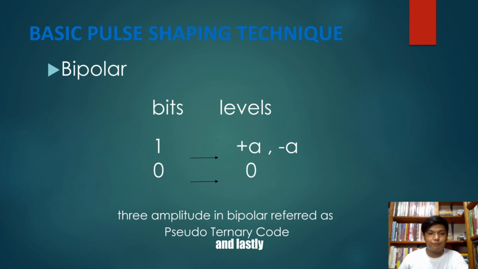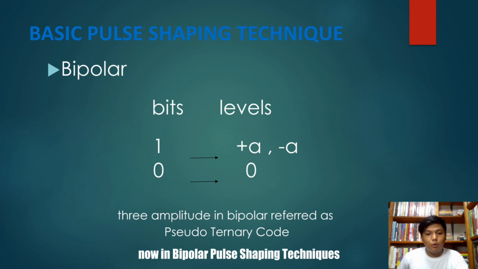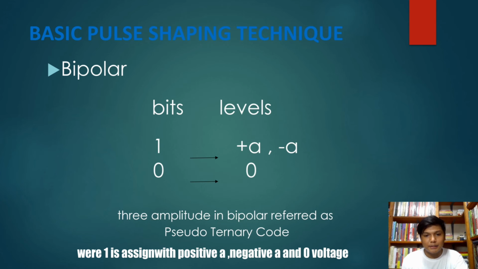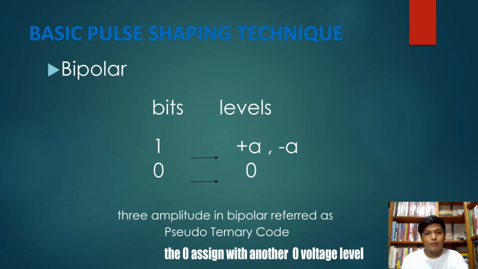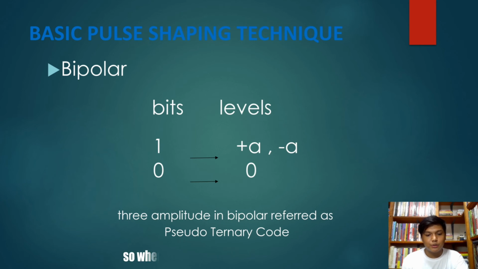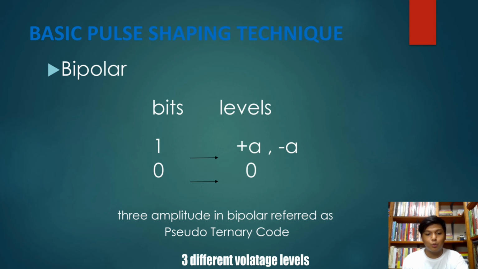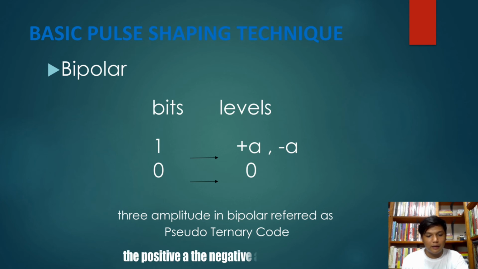And lastly, in the bipolar pulse shaping technique, we assign bits voltage levels where 1 is assigned positive A or negative A, and 0 is assigned 0 voltage. When you observe here, there are basically three different voltage levels: positive A, negative A, and 0.